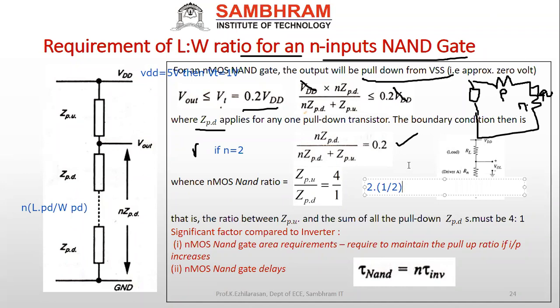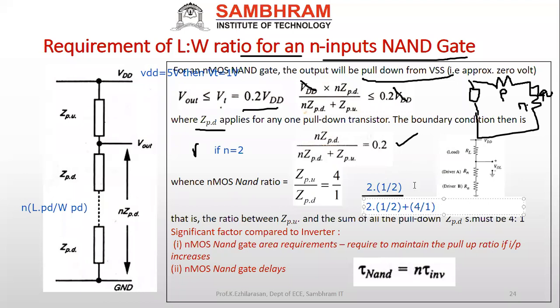Then divided by nZPD again, which is 2 into 1 by 2, plus ZPU. What is the ZPU actually? Normally ZPU we took as 4 by 1, right? Yes, it is 4 by 1.